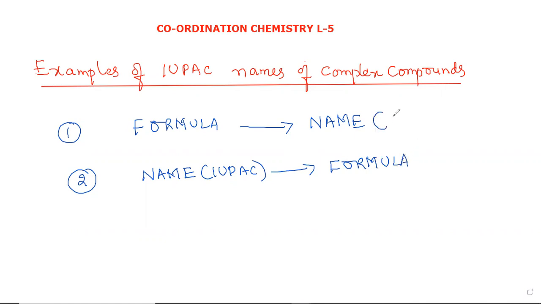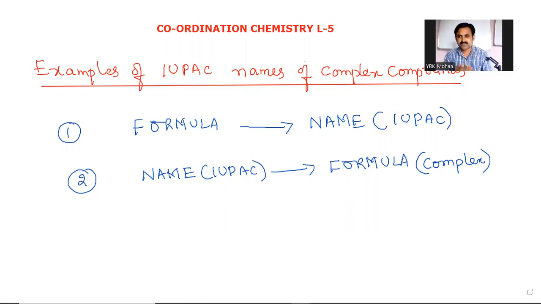So the name we will write is the IUPAC name, and the formula we will write from the name is a complex compound formula. So these two things we are going to discuss in this lecture number 5.